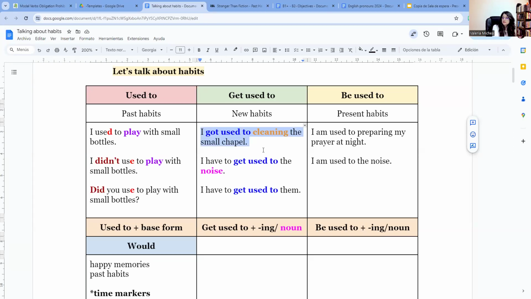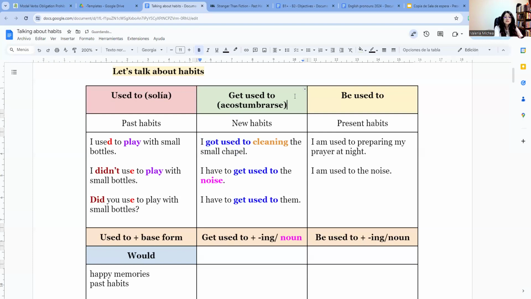Yeah. So I got used to. So new habits. Then get used to would mean acostumbrarse. Whereas this would mean solía in Spanish. Solía jugar con botellas, con pequeñas botellas. But this one would mean acostumbrarse.